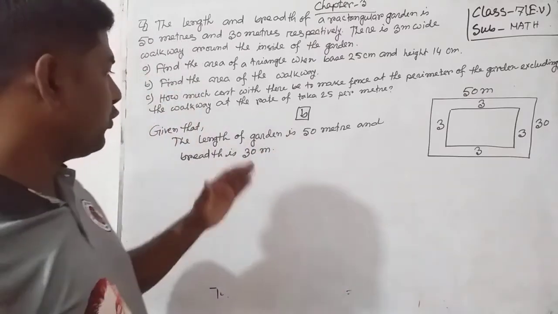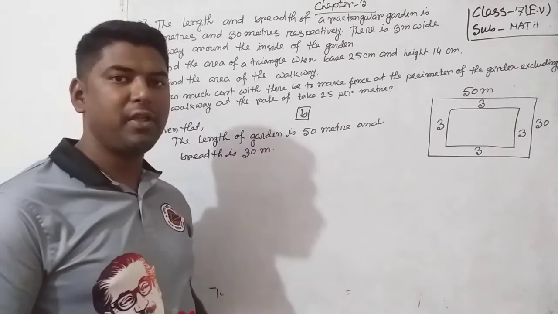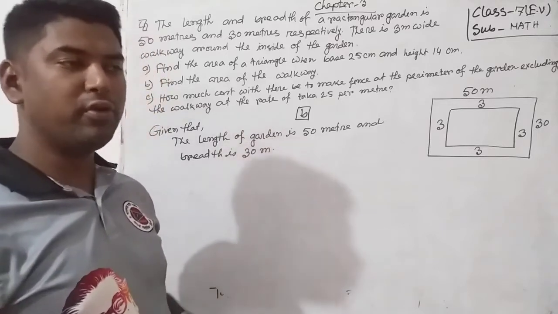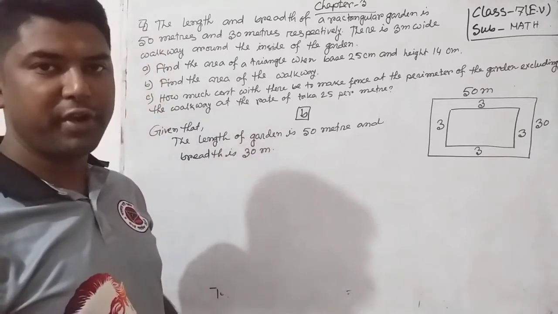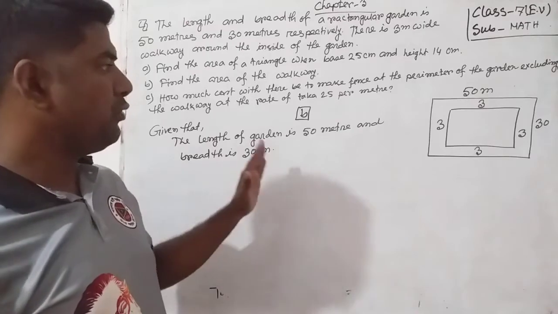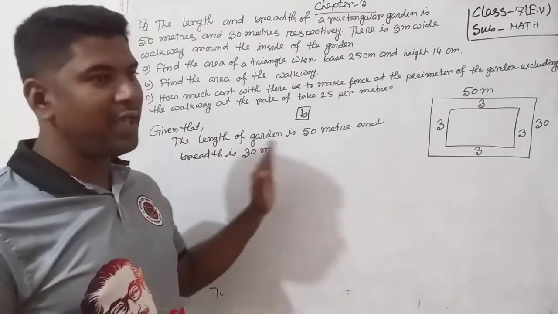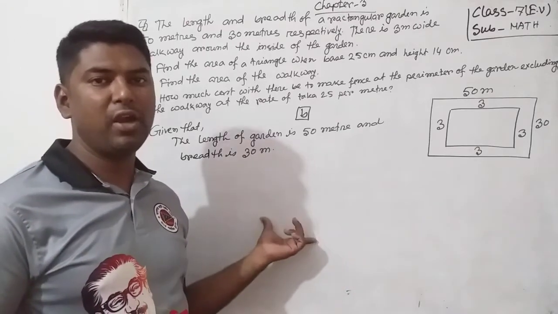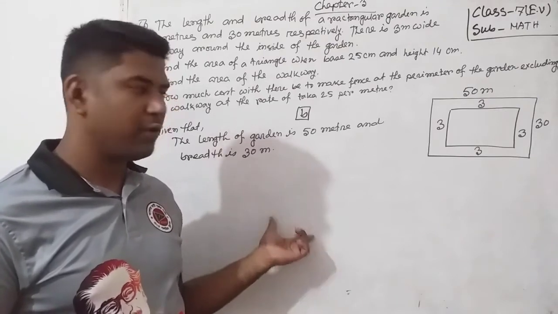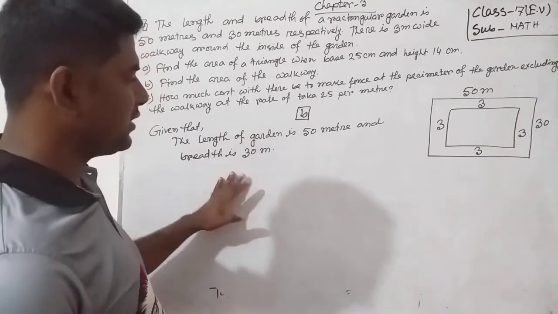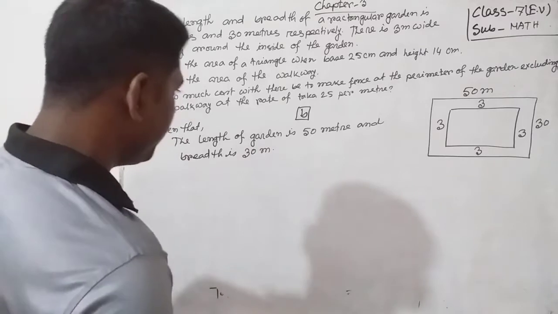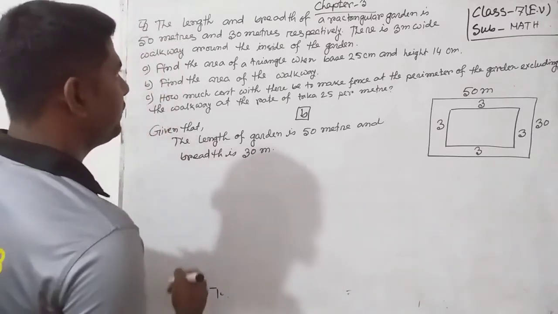Okay, when you know length and breadth, then we can find out the area of a rectangle. So we find out at first the area of a rectangular garden.